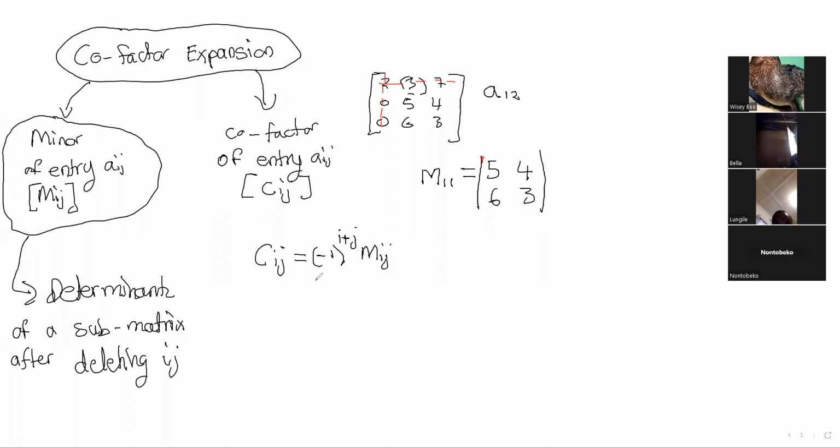So if you can find M, you just need to play around with the negative sign here, then you have a cofactor.